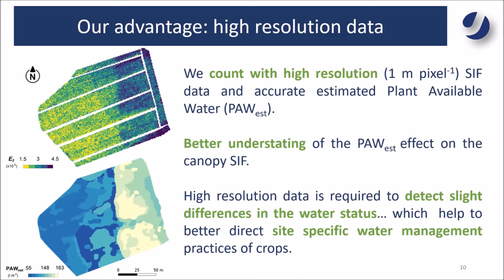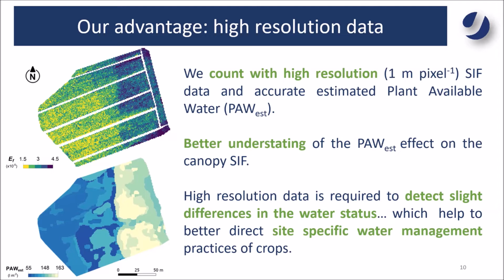We think that our advantage in this new study that I'm presenting here is the high resolution of the data we have from both the fluorescence side and from the water available for plants in the soil side.